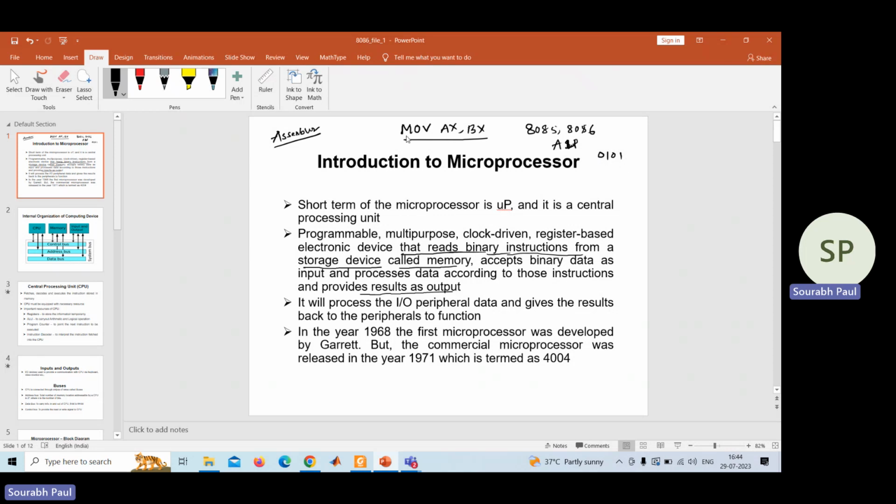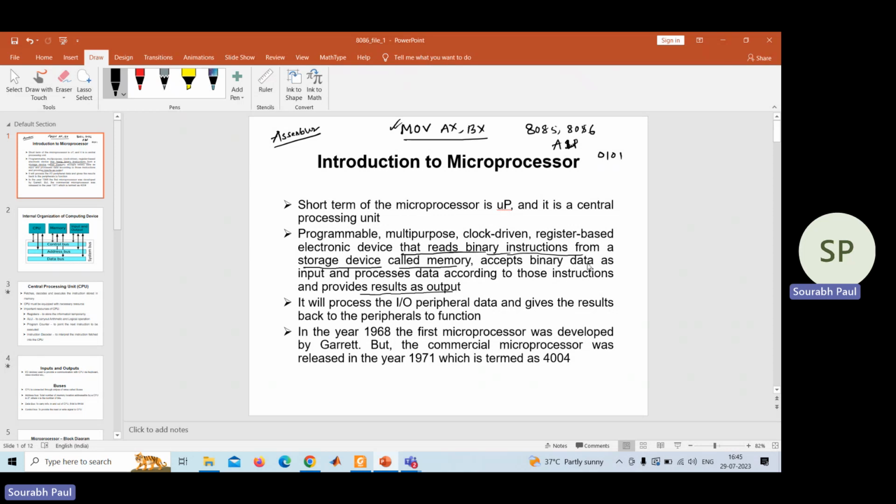So whenever you write this instruction, in the processor this instruction will be stored in a memory location in the corresponding form of 1010 or some combination of 1s and 0s. Okay. So that's why it is written that it reads binary instruction. Binary instruction means whatever instruction you write will be stored in the binary form of 1010 in a storage device which is known as memory.